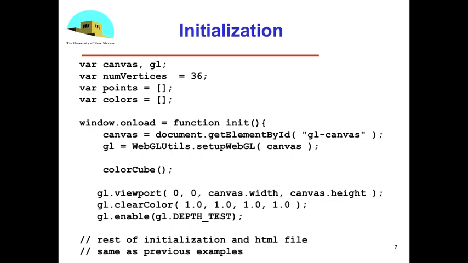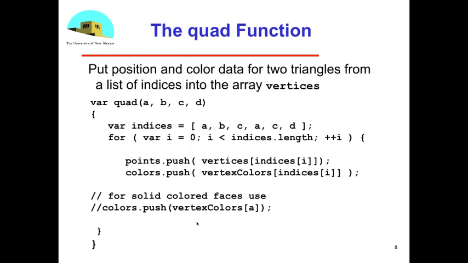So this part here is the same. Maybe the one part that might be different here is I need to do the depth test because I want to use the Z-buffer algorithm, so I only display the front polygons, not in the order in which I generate them, but rather in the order in which they are in terms of where the viewer is.